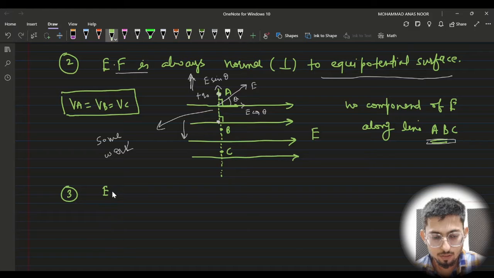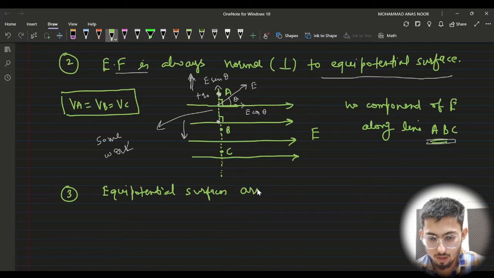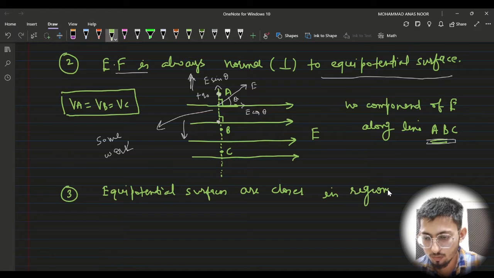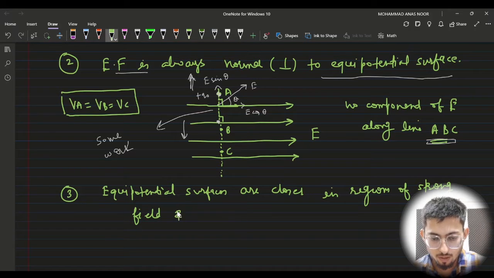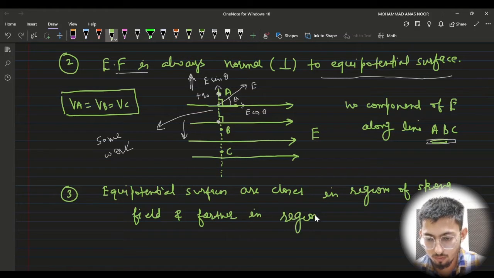Equipotential surfaces are closer in regions of strong field and farther in regions of weak field.